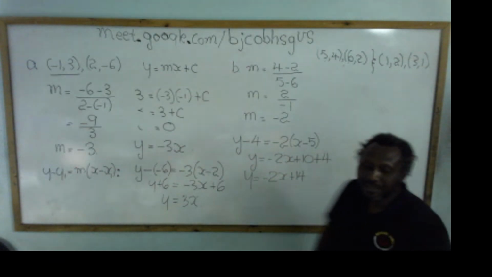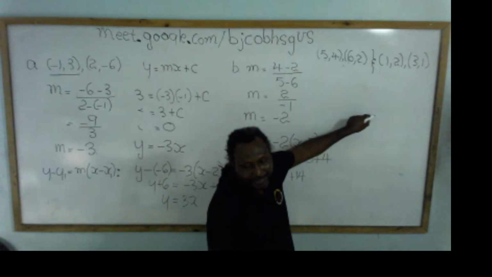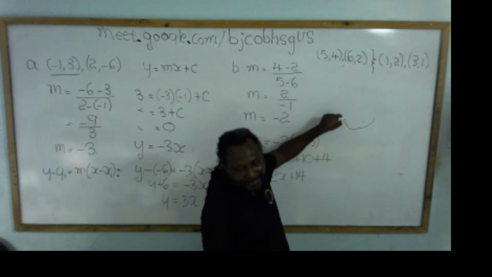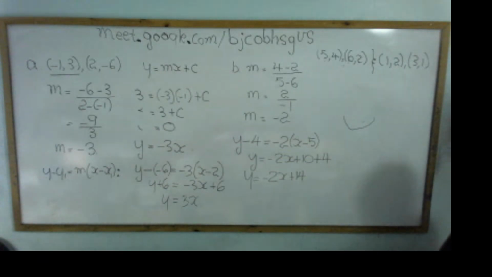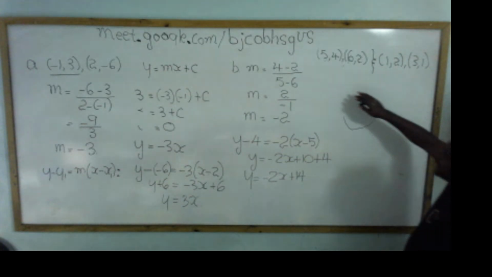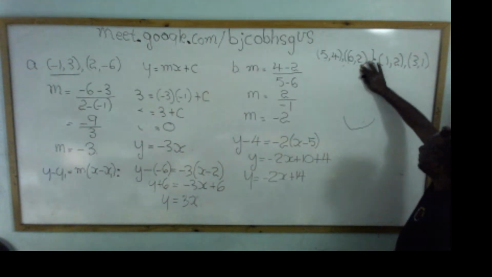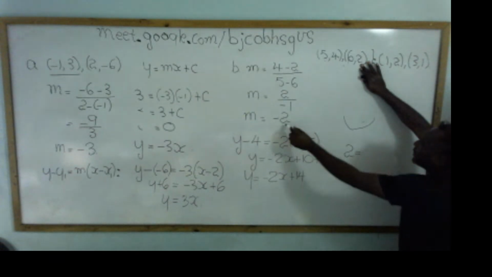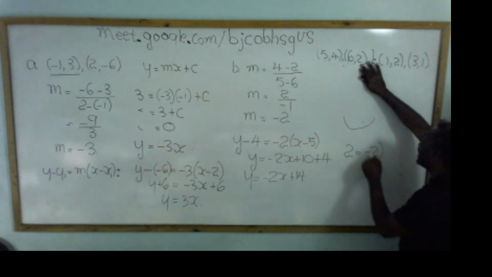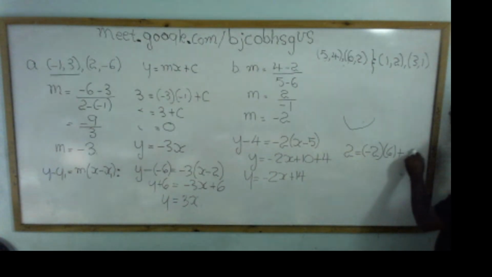Right, and I'm going to use y is equal to mx plus c over here with this point. The value of y is 2, m is the gradient we calculated to be negative 2, x is 6, plus c.